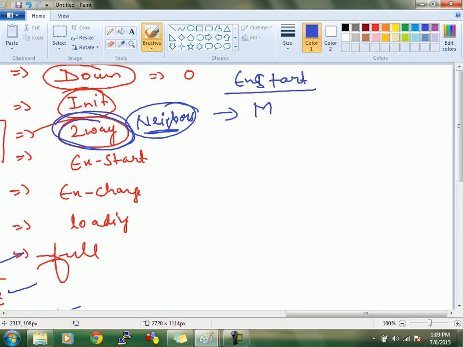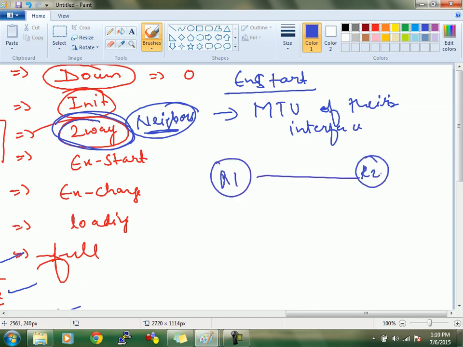Router will compare MTU of their interfaces, like we have example R1 and R2. R1 will always forward in ExStart state MTU of this interface, and R2 will also send MTU of this interface. This thing is clear? Now, if MTU is matched, only then there will be an election called master and slave.